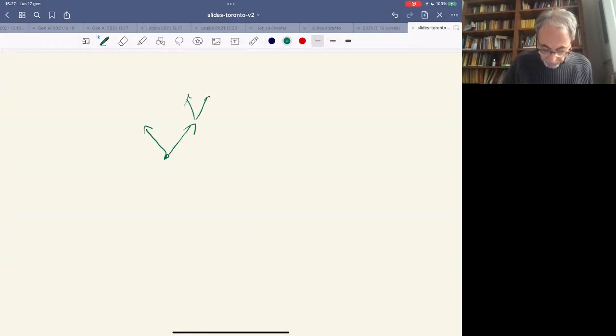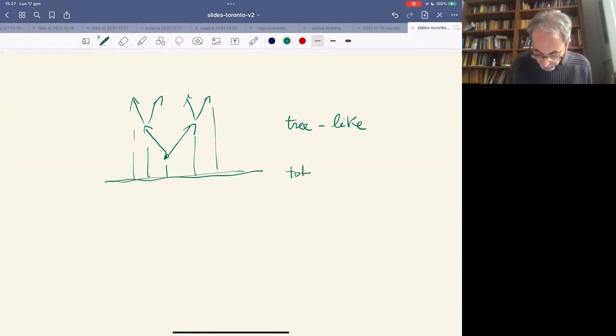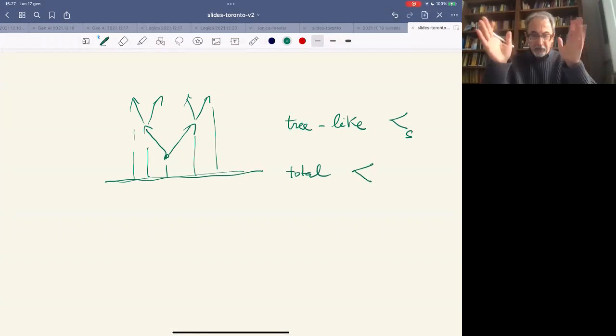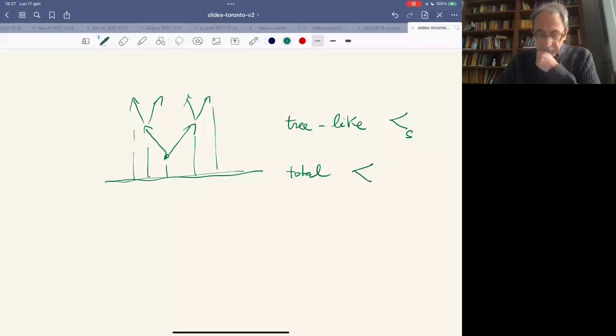You have this tree-like ordering, and then you have the total order. Tree-like is called simplicity, and total is written with just less or equal.